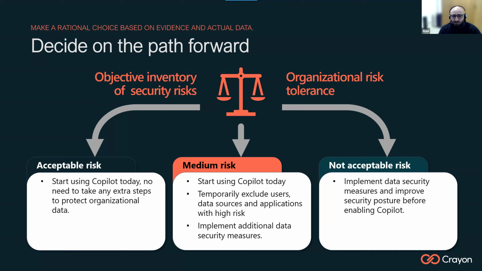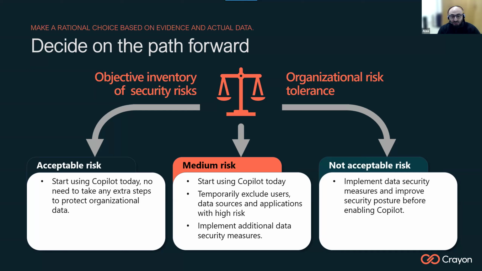An example of that is a small family business run by family, where they all have access to all the files. There is no need to implement extra security capabilities for that small business. You can just assign Copilot. The whole family has access to this data. If the organization falls into the medium risk category, additional steps are necessary to ensure everything is set up correctly.